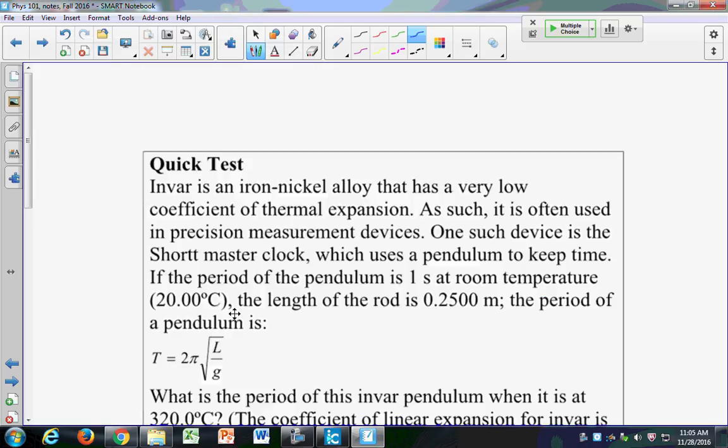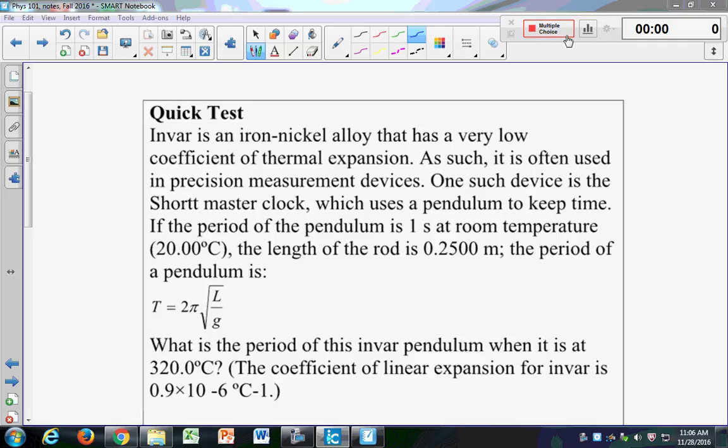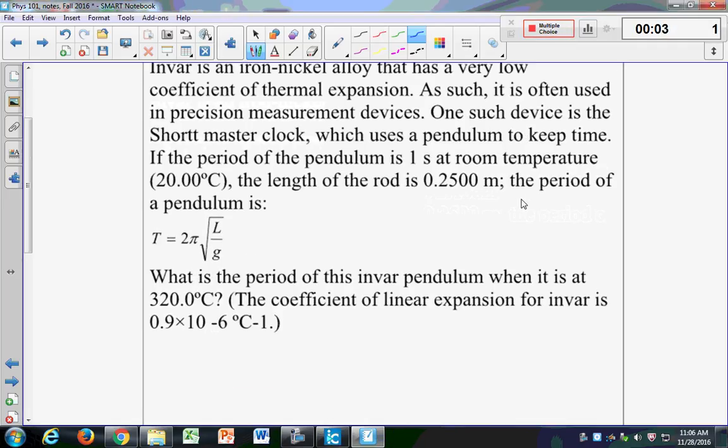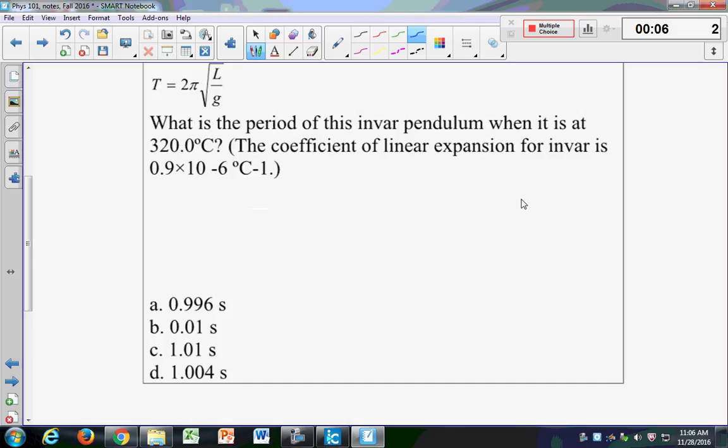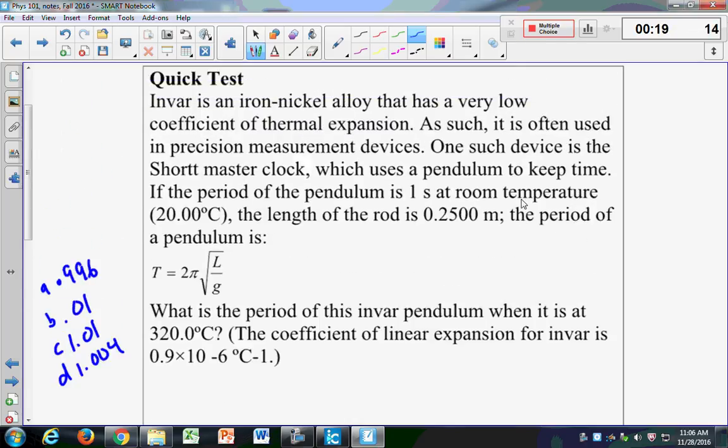Okay, let's try this. Clicker question. I'm going to write the answers up here in case you don't have it. So here we have a pendulum, and this pendulum has a rod of 0.25 meters and has a period of 1 second.